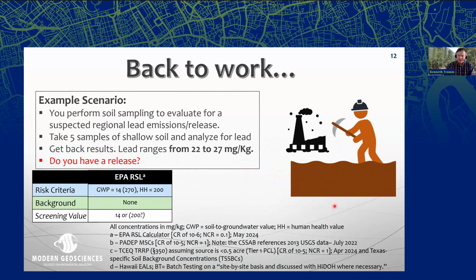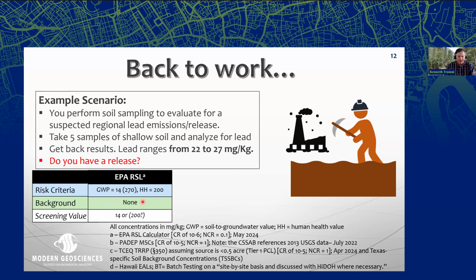All right, let's get back into our scenario here. So I've just pulled in the EPA regional screening levels here. We talked about that 14, that 270, and I'm going to refer to the other pathways together as human health. They're all human health, but I'm going to isolate groundwater protection from it for our scenario. But we've got our 200, and we've got our groundwater protection of 14 or 270, if I knew my source size.